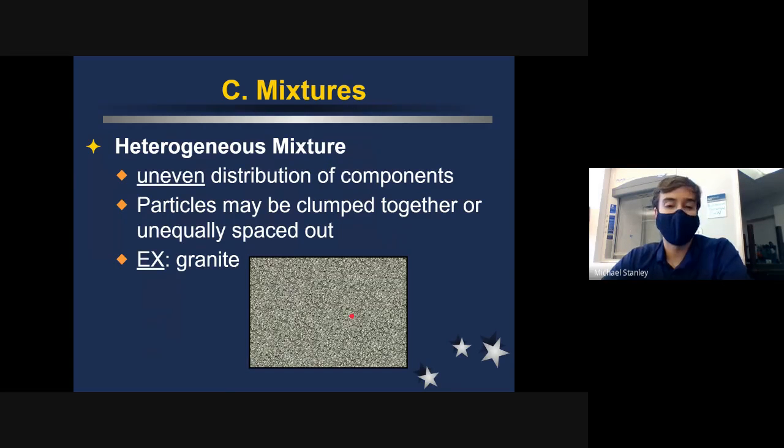Like this granite here, if you were to really zoom in and look at all the little different areas, you'd see that no two sections of this granite are exactly alike, right? Even just looking at it right now, I can see there are some areas that have a lot more of the little black specks, and then over here, there's more of the white and gray specks.